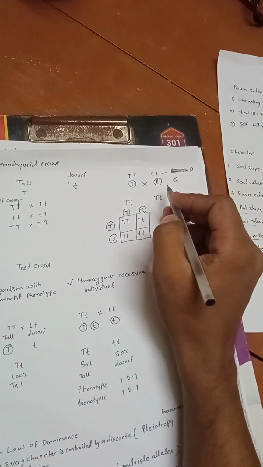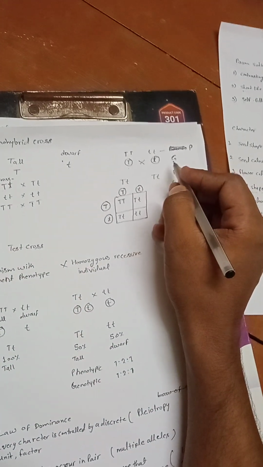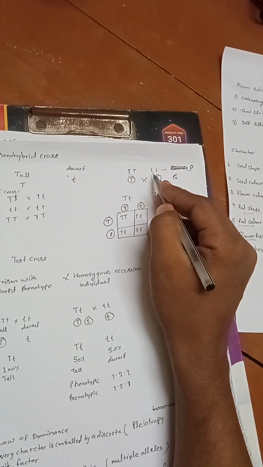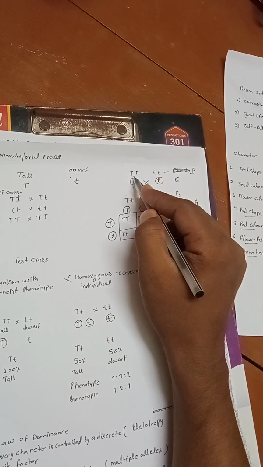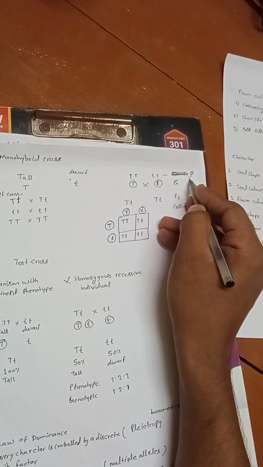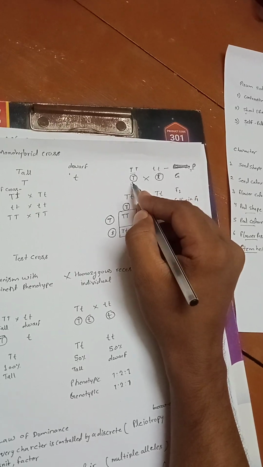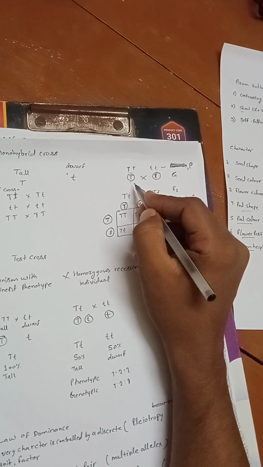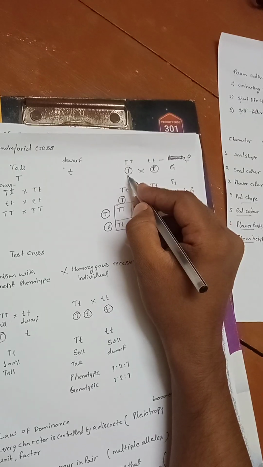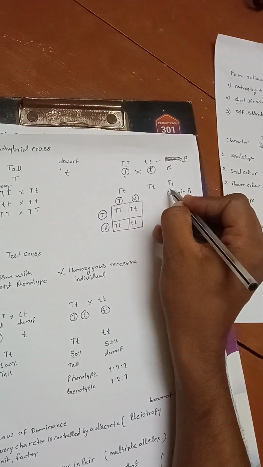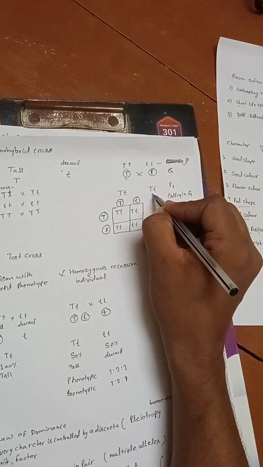For the monohybrid cross in the first generation, Mendel takes the homozygous dominant and homozygous recessive parent. By doing the cross pollination, first they produce the gamete, and the F1 generation produced capital T small t.